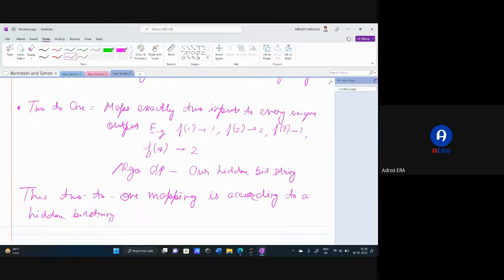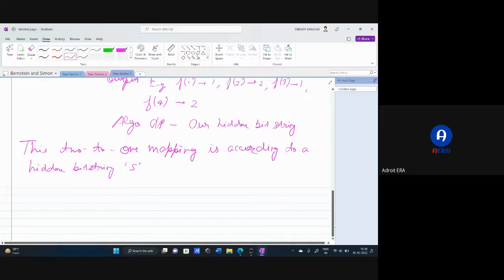Let's give the hidden bit string a name, say it is some bit string S. We have seen this hidden bit string process in Bernstein just now. What is the formulation?